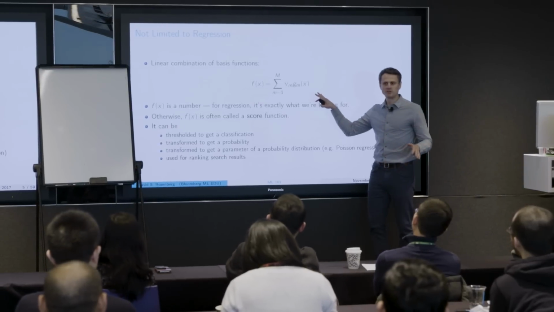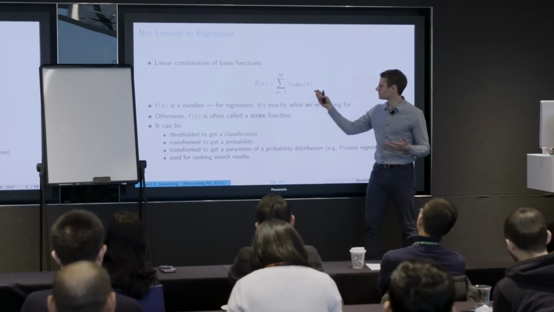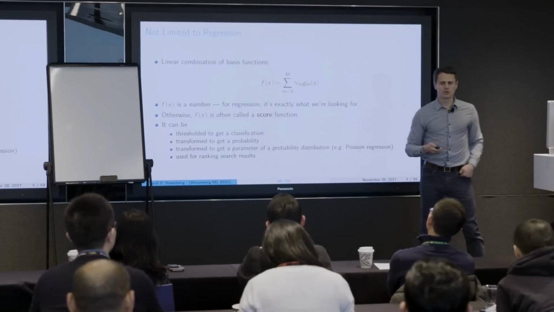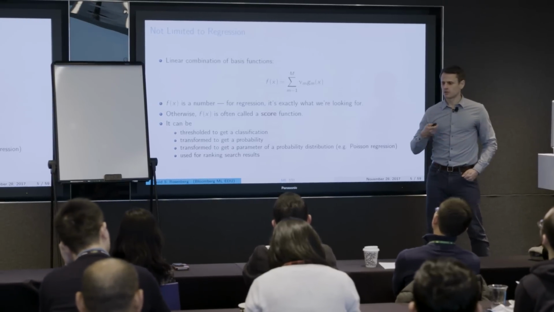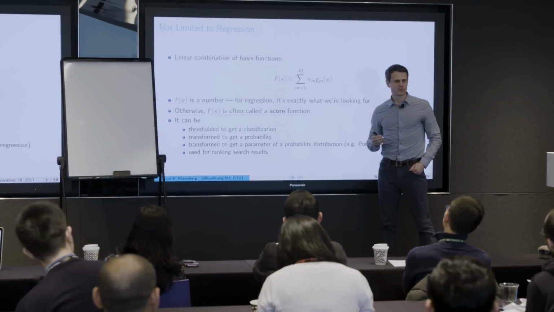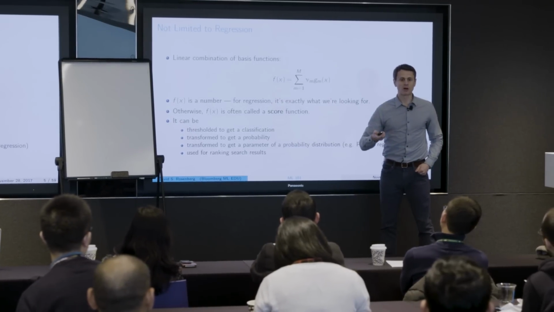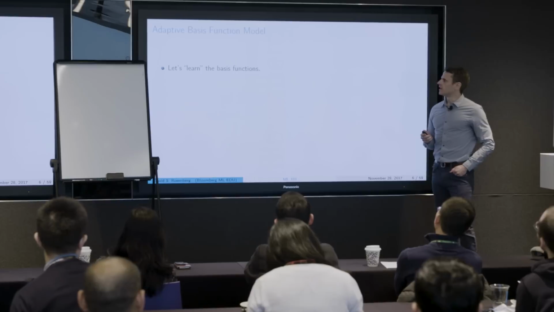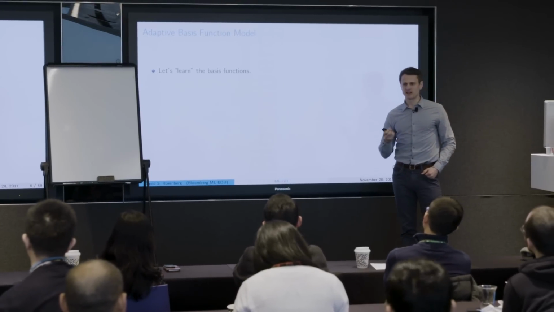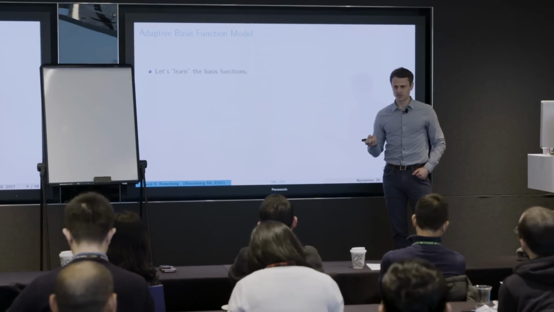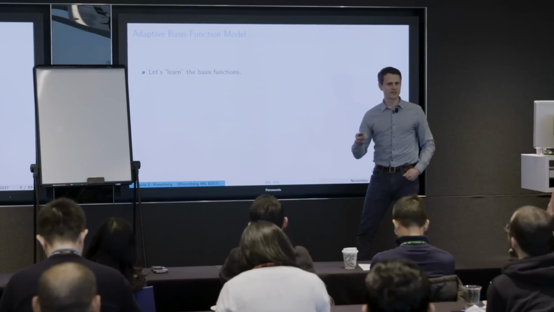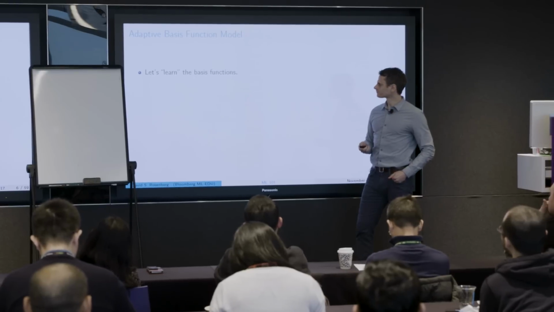So far, we've been speaking about manually coming up with these feature functions, the g_m, our basis functions. The way we're going to frame the topics of today is that we're going to find these feature functions automatically as part of the learning process. Sometimes this is called adaptive basis function modeling, in the sense that the basis functions, the feature functions, are chosen adaptively to the data, to the problem, rather than fixing them in advance manually.